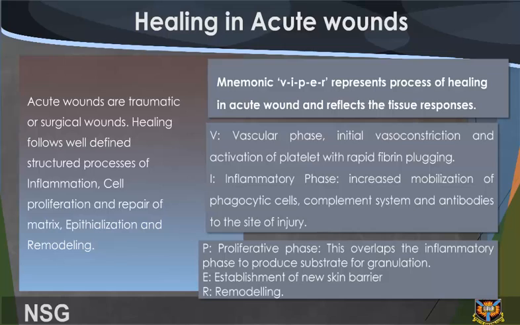V: Vascular phase. Initial vasoconstriction and activation of platelets with rapid fibrin plugging. I: Inflammatory phase. Increased mobilization of phagocytic cells, complement system, and antibodies to the site of injury.